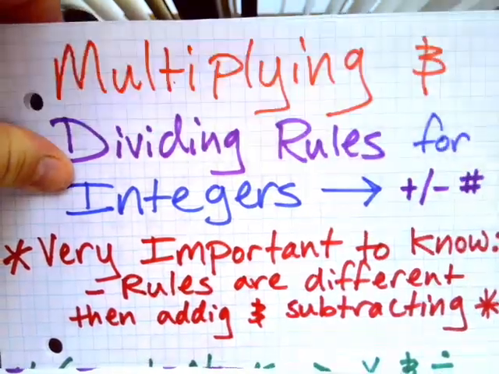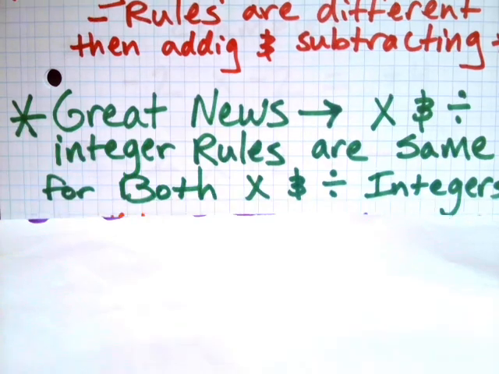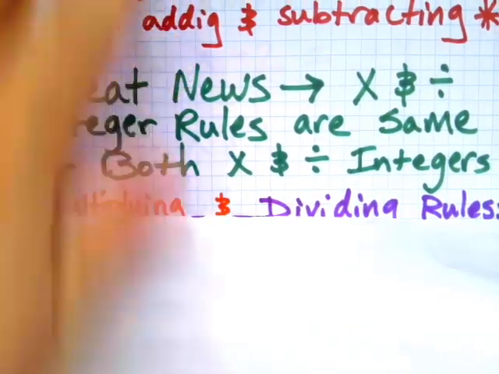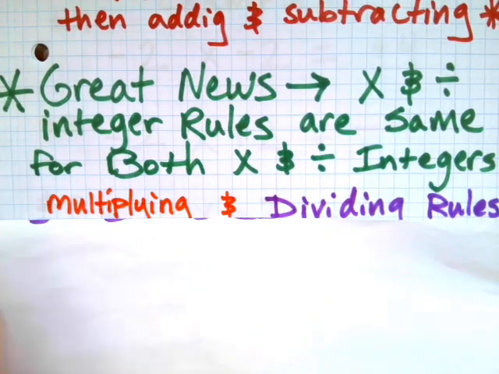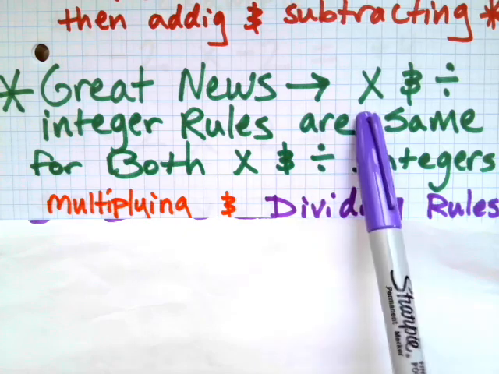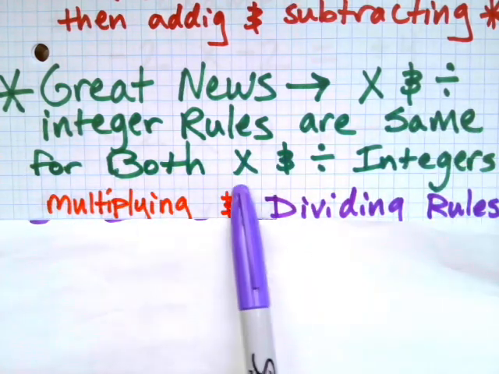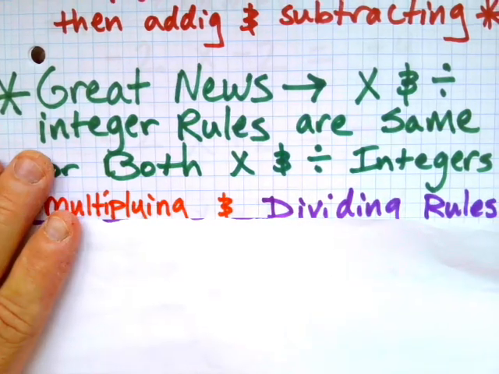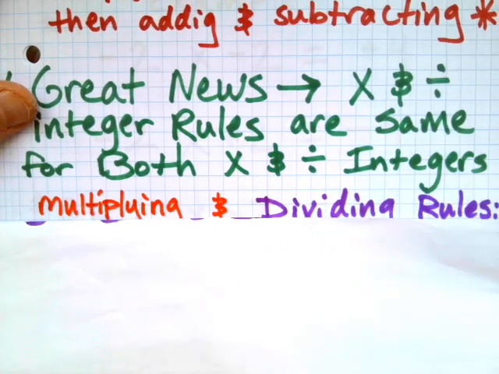And guess what? You are in luck, because the good news is that it makes things a little bit easier. The multiplying and dividing integer rules are the same for both multiplying and dividing. So if you have one of them memorized, you should have the other memorized as well.